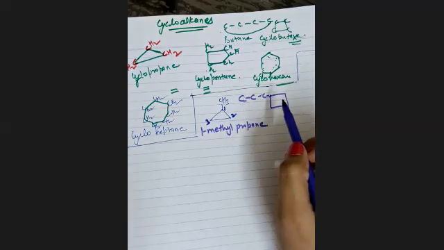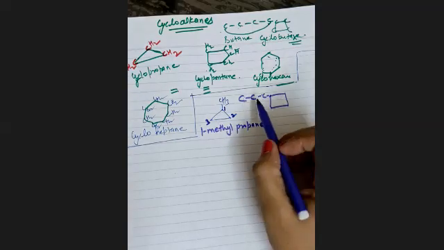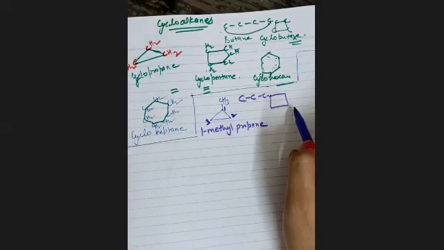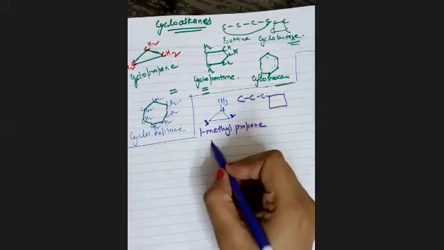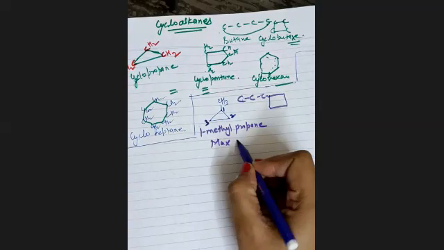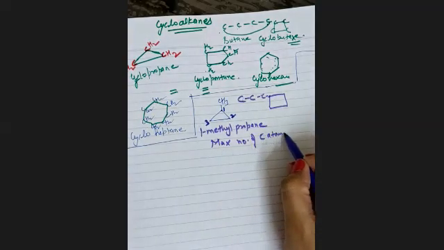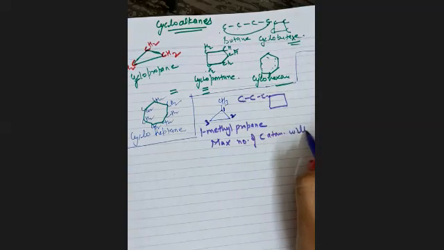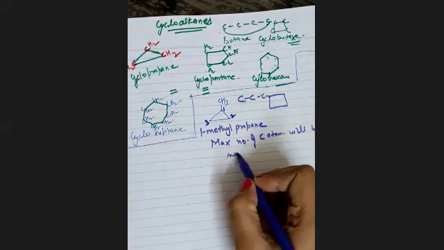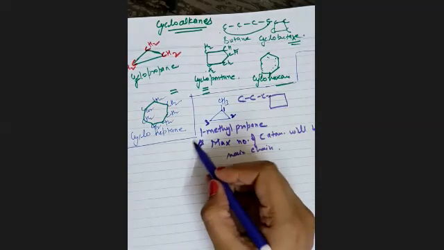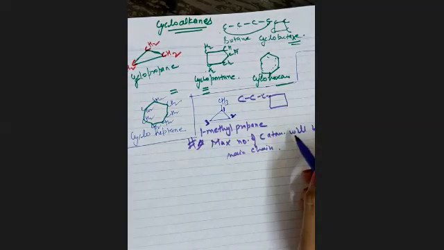So the compound or the chain, either this alkane or this cyclic compound, which has the maximum number of carbon atoms will be considered as the main chain. ठीक है? Maximum number of carbon atoms will be the main chain. Note this thing down. This is the second rule.